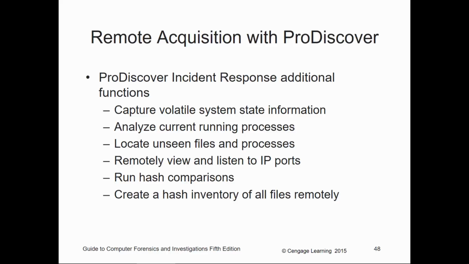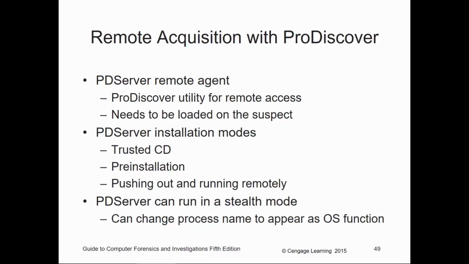Here's where we have to be, again, more careful. The appropriate write blockers need to be in place if we're not modifying any of the source data. This is where I have an issue with ProDiscover. If we're doing a remote acquisition, we have to install the remote agent on the suspect's computer so that we can access it.